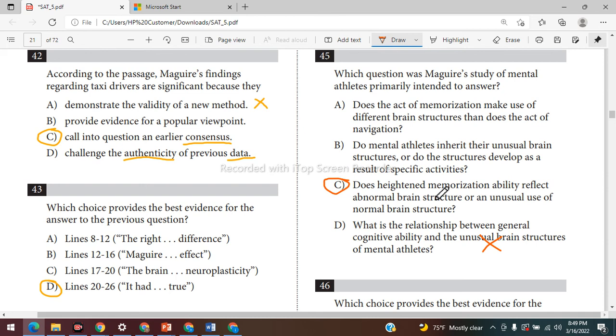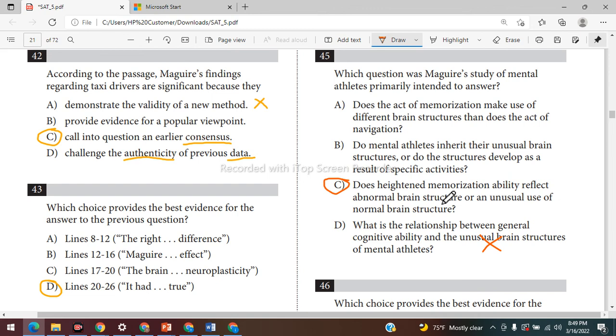But they do use a certain part of their brain more than the others. So the real question was, does heightened memorization ability reflect abnormal brain structure, or unusual use of normal brain structure? All right, so that was the idea there.